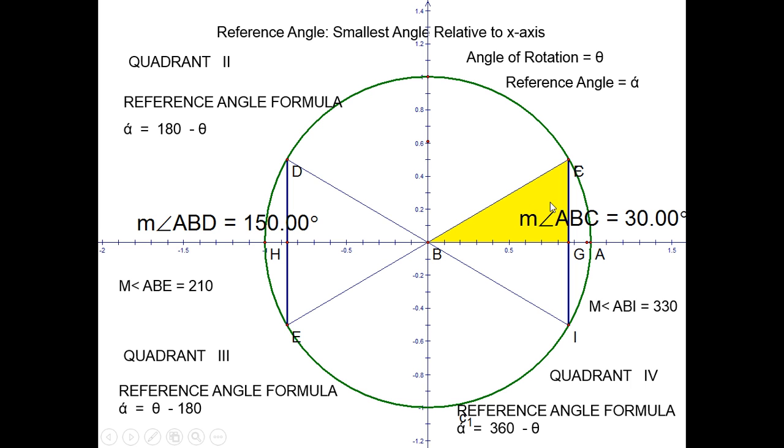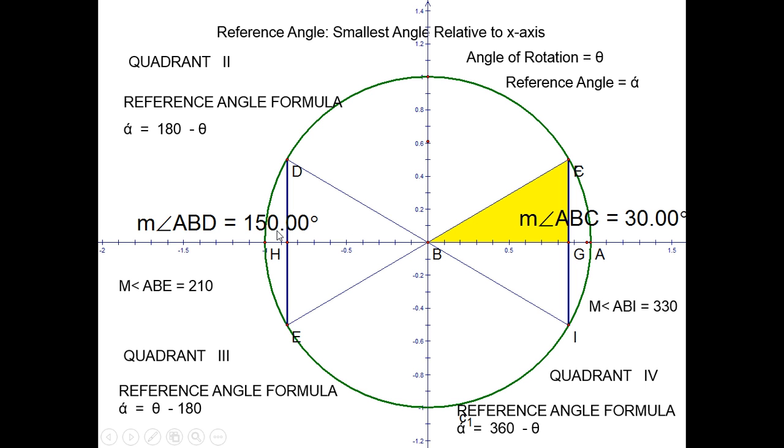So if I were wanting a formula, I'd have to have a formula for each quadrant. In quadrant 2, the formula for the reference angle alpha would be 180 minus the angle. So I have 150. What's the reference? 180 minus 150. If I'm in quadrant 3, the reference angle formula would be the angle less 180.